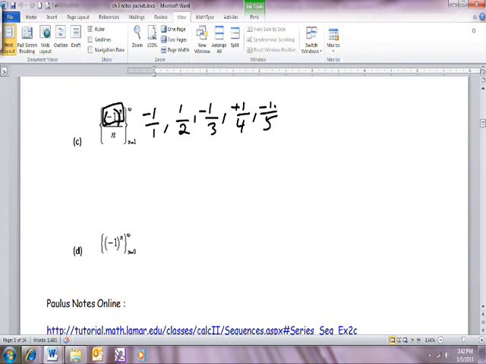So what we're going to do, hoping most of us probably see this by now, if we look at the limit of the absolute value of -1 to the n over n, well, this would be equal to the limit of 1 over n, which is just going to go to 0. So since the absolute value limit equals 0, this whole thing equals 0 by the absolute value theorem.